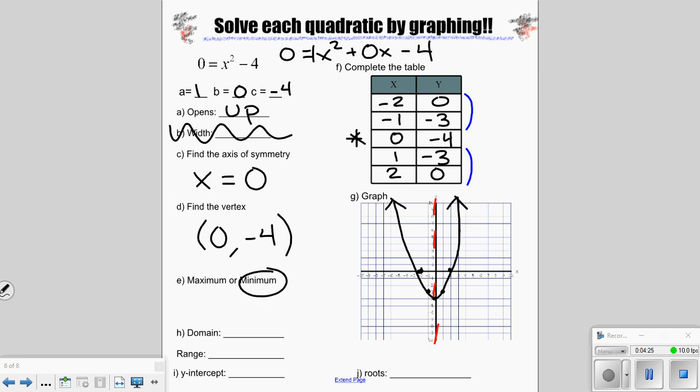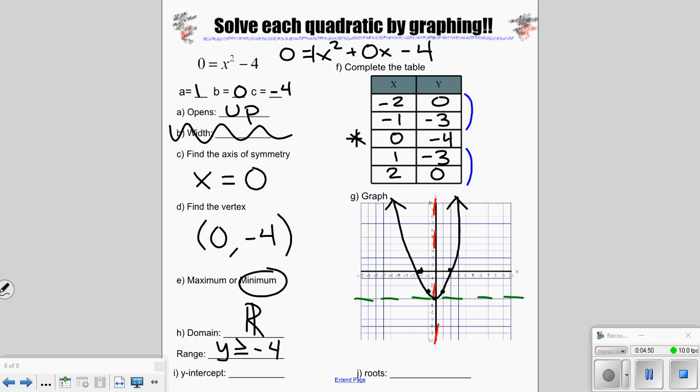Domain is always all real numbers. The range, in this case, this is our lowest value right here, so it's going to be y. Everything is above that green line, so it's going to be greater than or equal to negative 4.